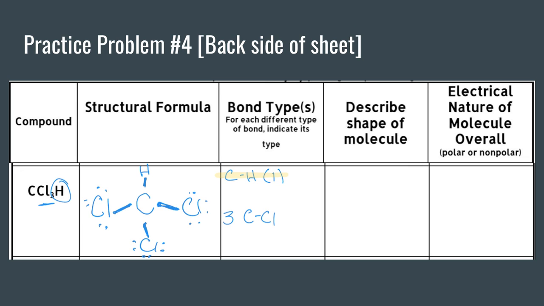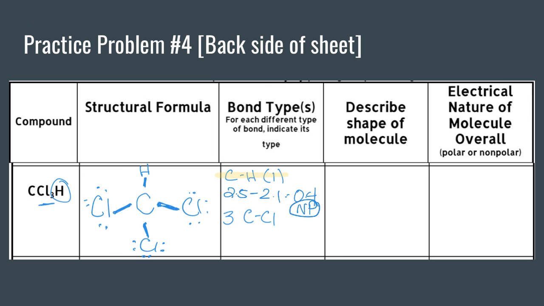When I do that, I need to look at my electronegativity chart, and I see that carbon is going to be a 2.5. Hydrogen is going to be a 2.1. So when I take those, I end up with 0.4. That tells me it's nonpolar.